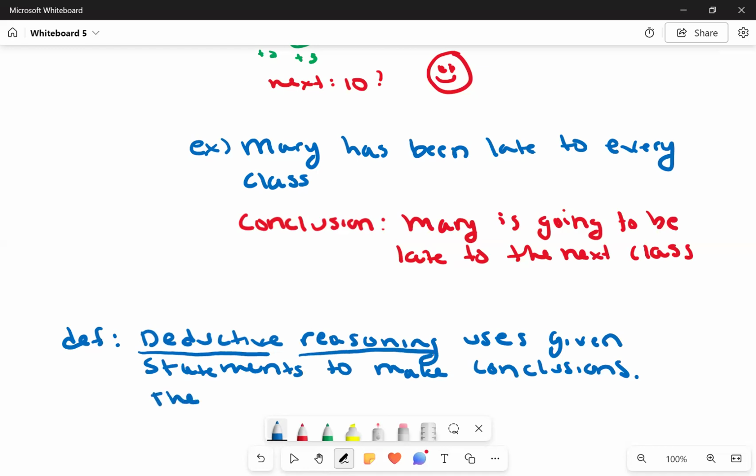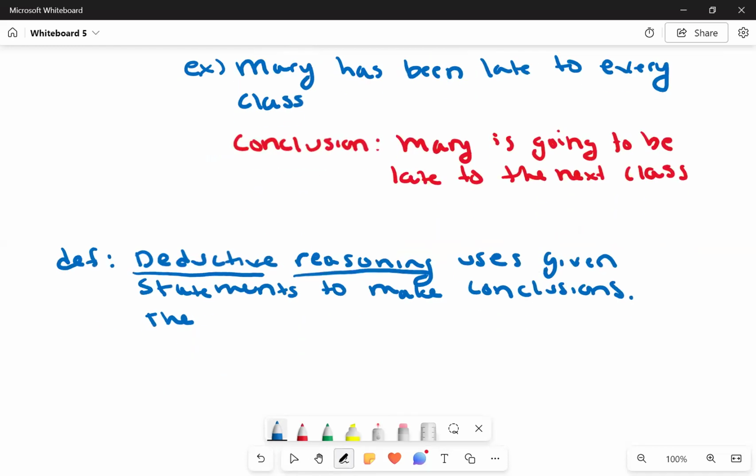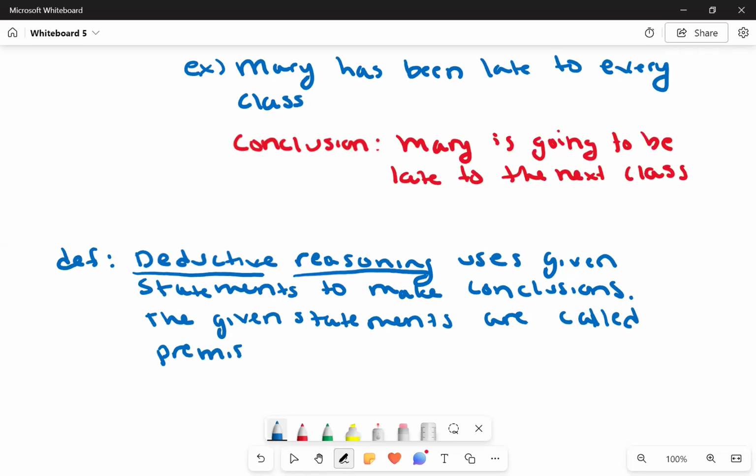The given statements are called premises. So we're given these premises, and the idea is we try to make a conclusion based off those. And that's how deductive arguments work.